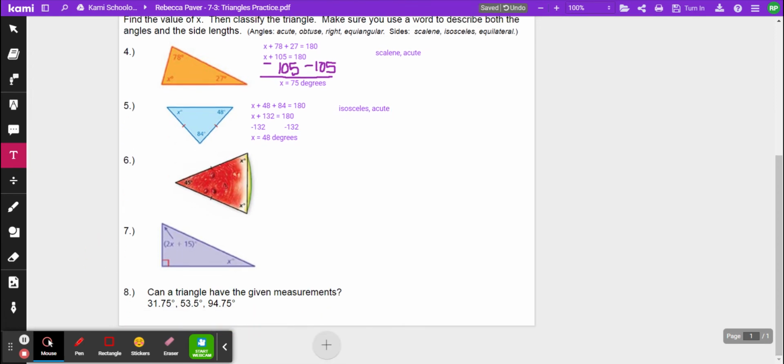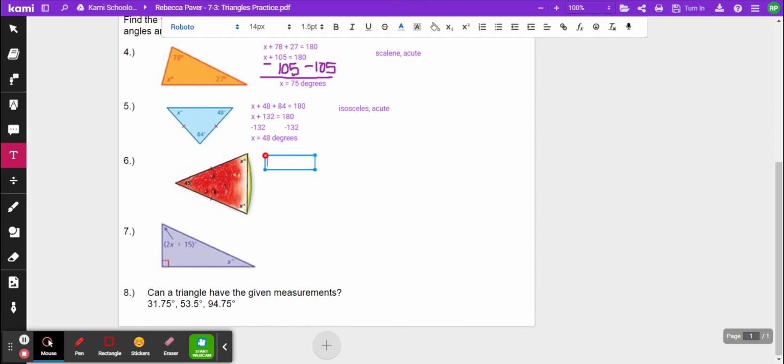For number 6, we have a slice of watermelon, and there are two x's, so we need to solve for both of those angles. Because both angles are shown as the variable x, they must be the same. So when we set up the equation to solve, I know that this is going to be 2x plus 45 is equal to 180.